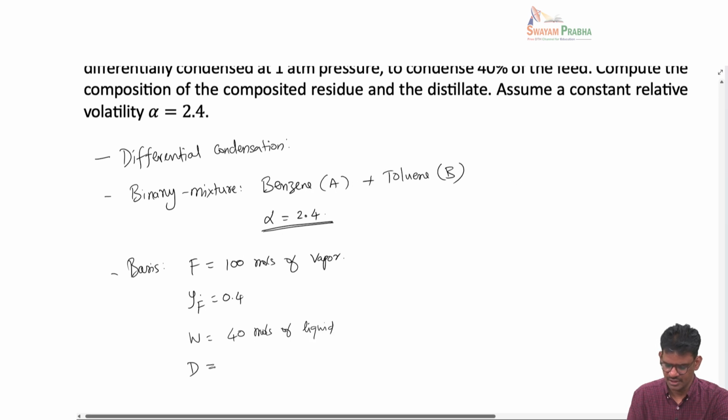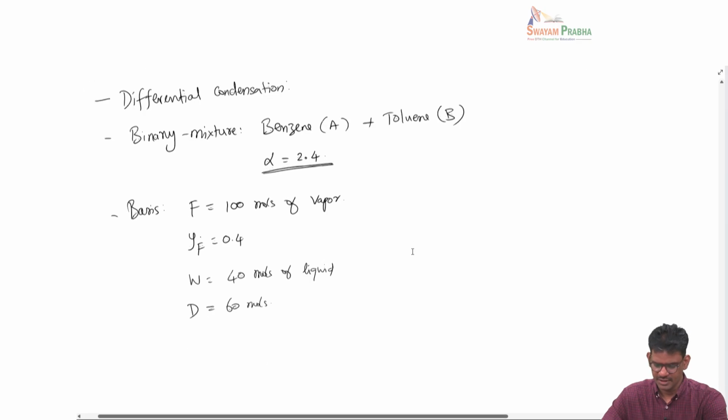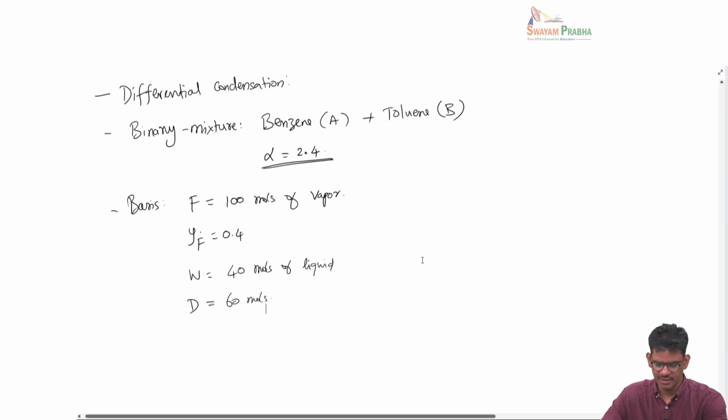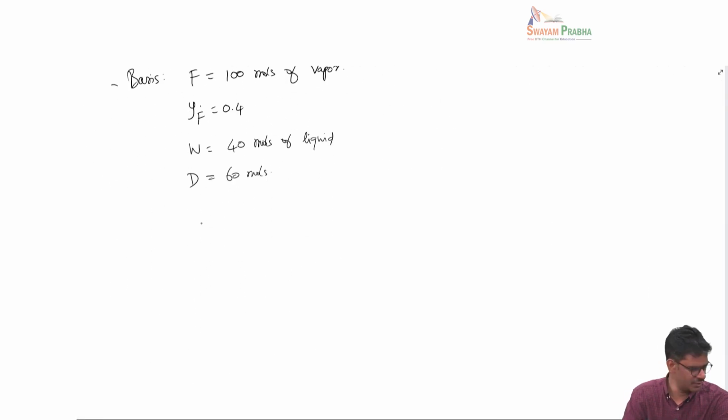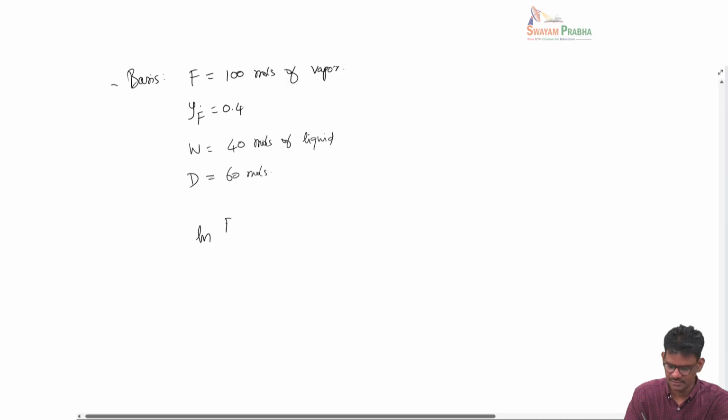The remaining vapor D would be some 60 moles. And from here it is a straightforward problem, because Rayleigh's equation for partial condensation goes as this. This is something we derived in the class.